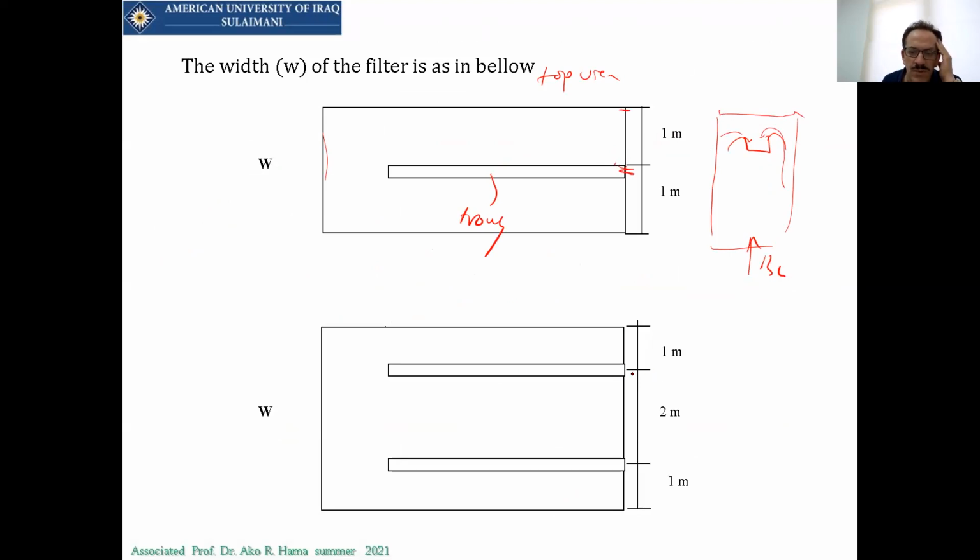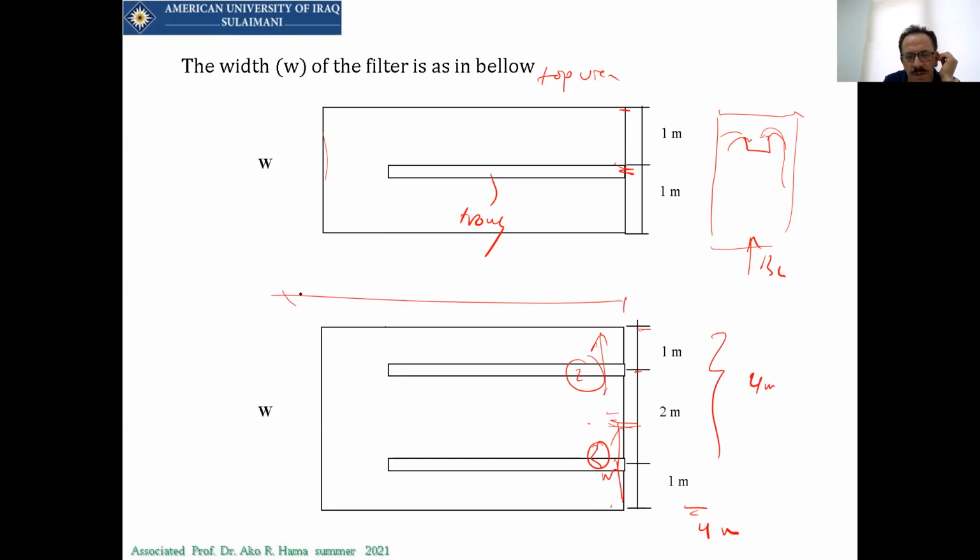If I have two troughs, here's one, and there will be 2 meters between them, so the width will be 4 meters. Look at this one: 1 meter from the wall, and there will be another 1 meter. That means we have only 2 meters for the trough and another 2 meters for the second one. So the total width is 4 meters.